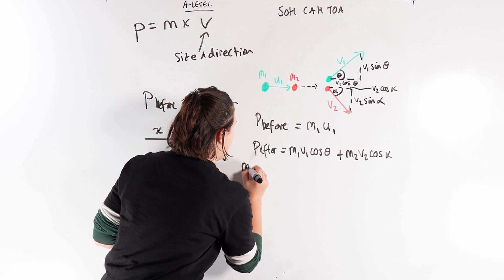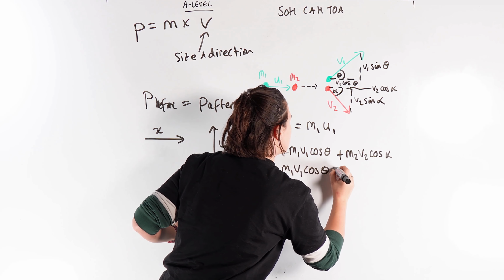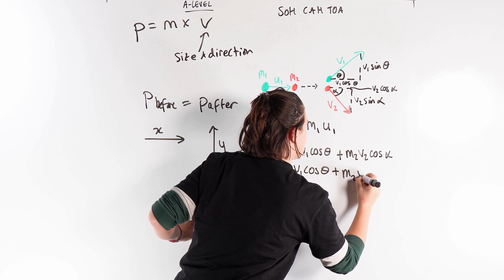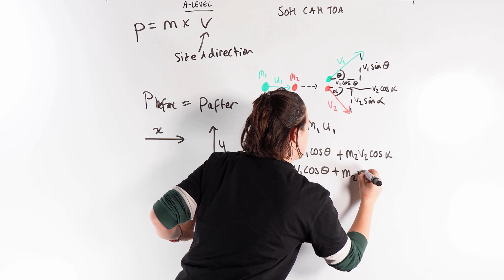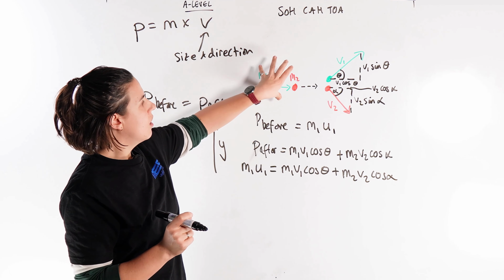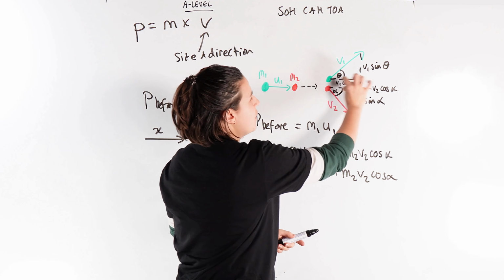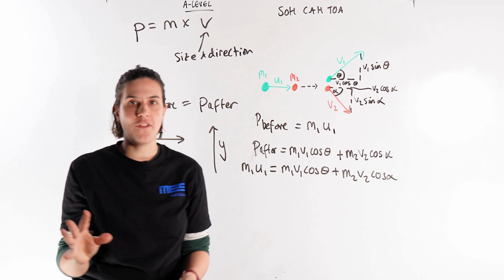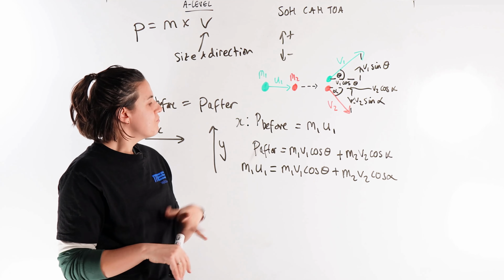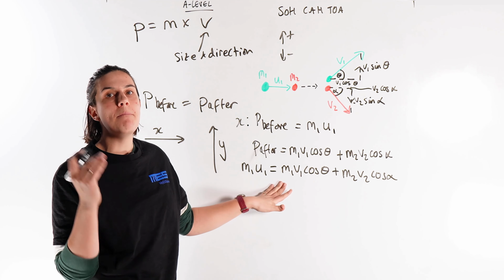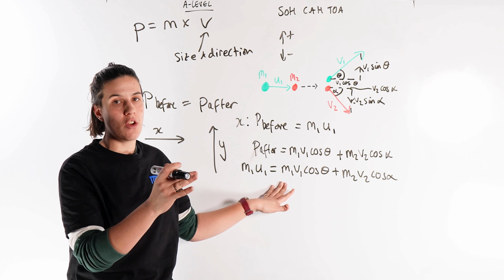So I've got m1 u1 equal to m1 v1 cos theta plus m2 v2 cos alpha. All it's saying is that the momentum in that direction before has to equal these bits of the momentum afterwards, okay? Right, so I've got an expression about momentum in the x direction.